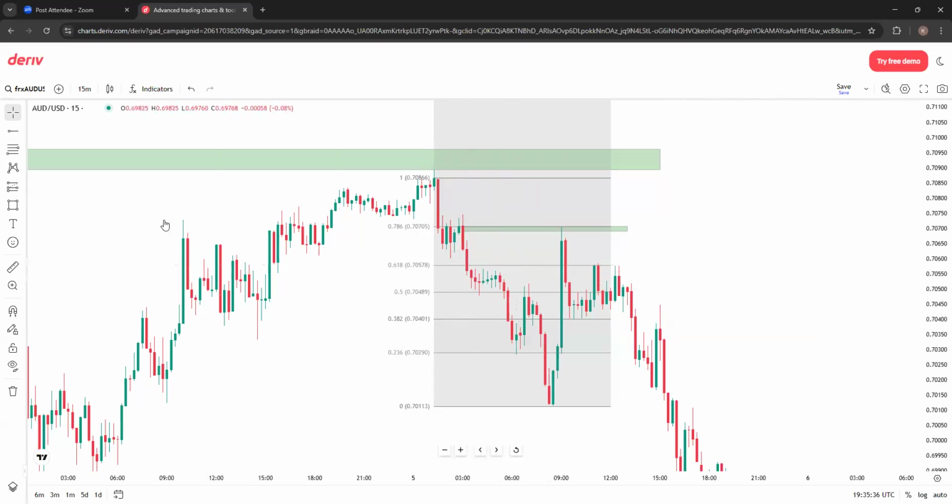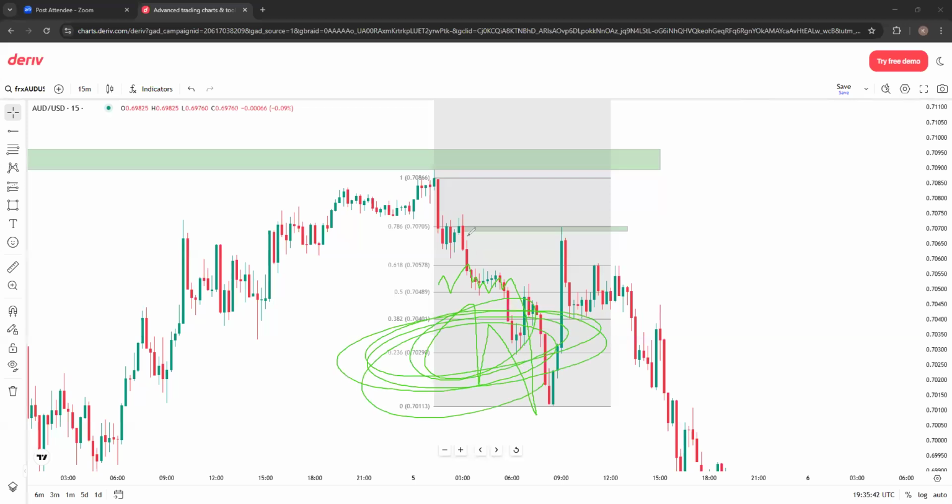Anything that exists below the 0.618, we ignore it, it's noise. And anything that exists above the 0.618 is gold. So what you see is just by having that order block in our perfect area, it sold. And by refining it, we managed to get a sniper entry just like that.